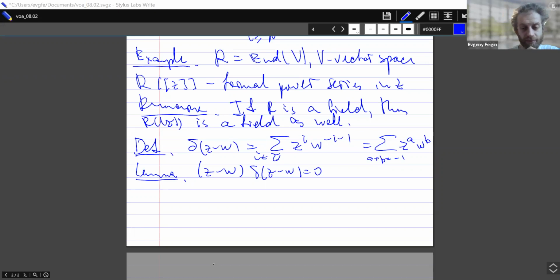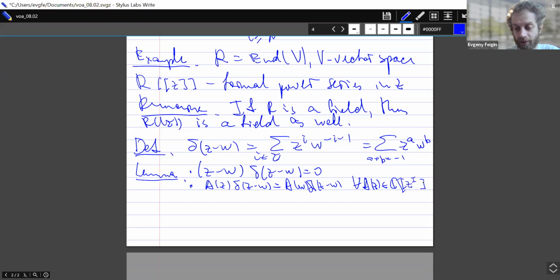Okay, so if not, let me make an even stronger statement: a of z delta of z minus w equals a of w delta of z minus w for any a of z in R of z plus minus 1.